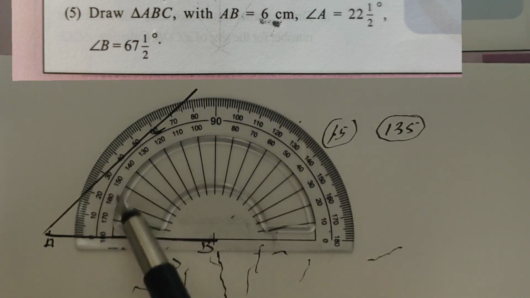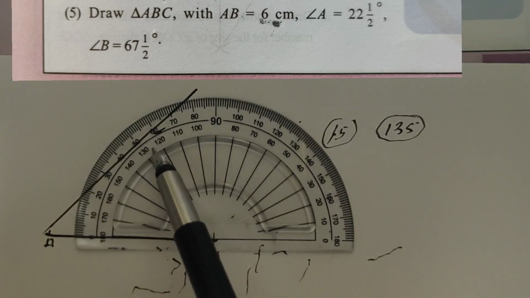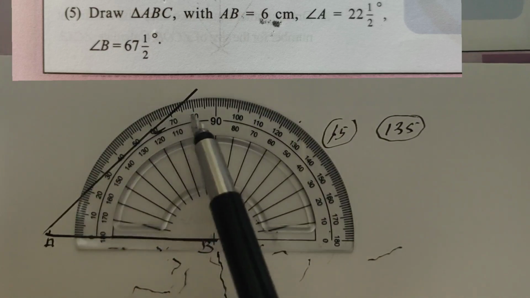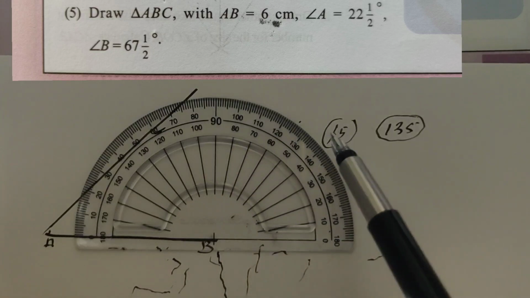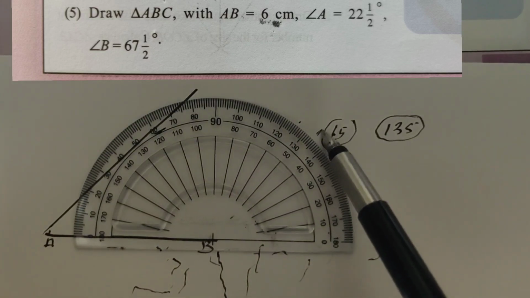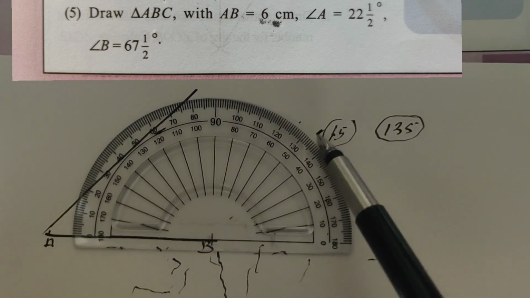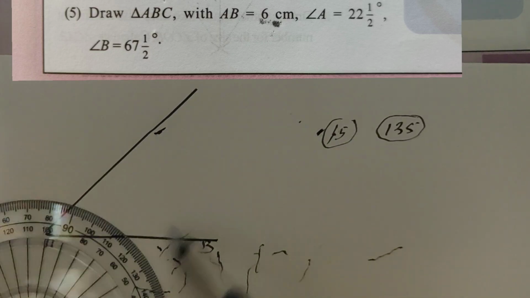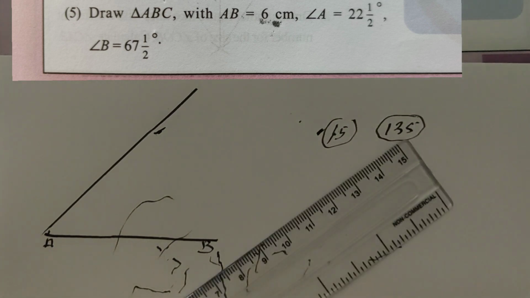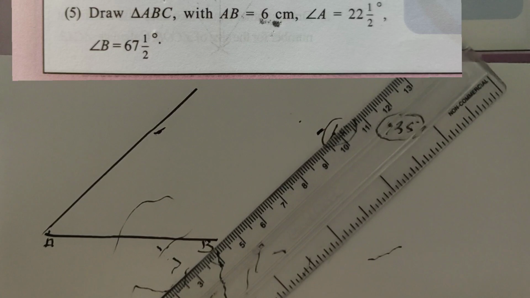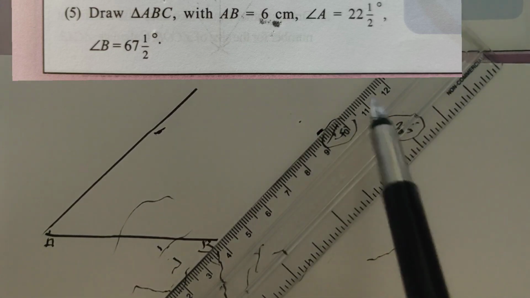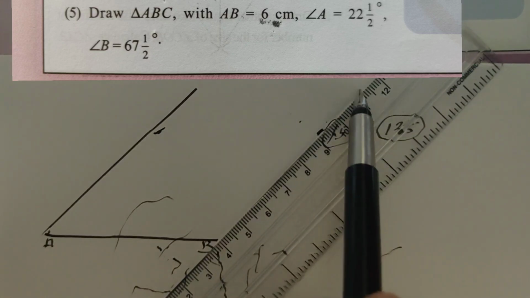We can see a 135 here, but that is the wrong scale, so from 0 to 10, up to 135, we can point here. Now we can draw from B the next leg of angle B, and this angle is 135 degrees.